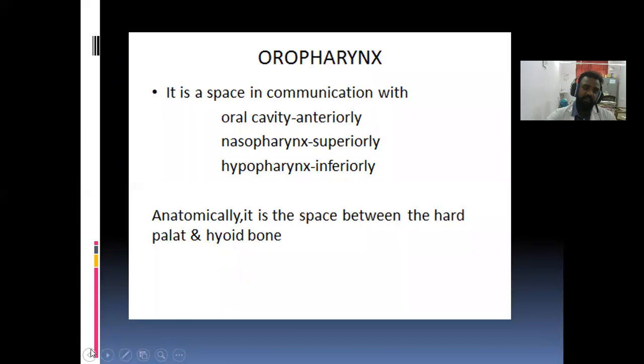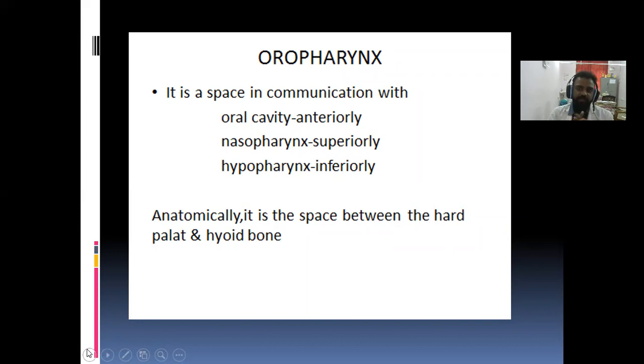Next, we will be seeing about the oropharynx. It is anatomically present from the base of the skull to the hard palate. Here it is a space communicating with the oral cavity anteriorly, the nasopharynx superiorly, and the hypopharynx inferiorly.